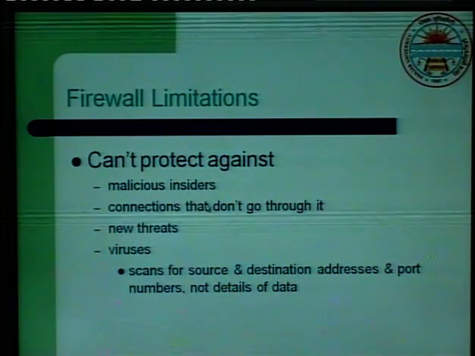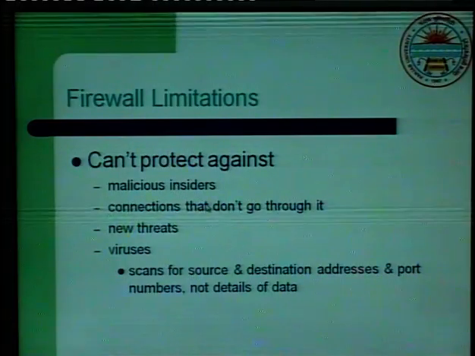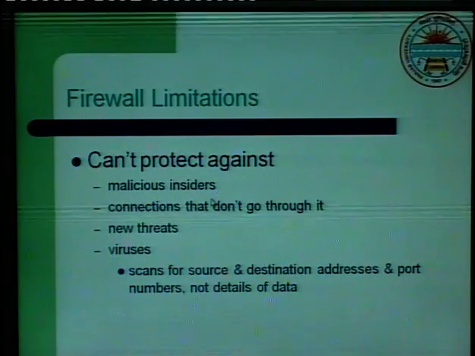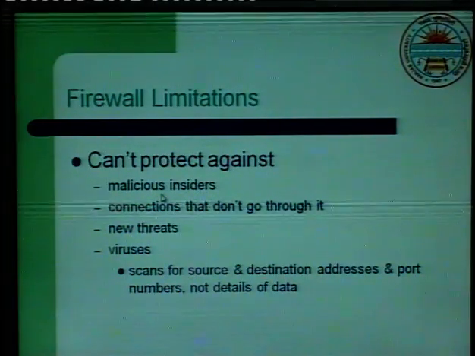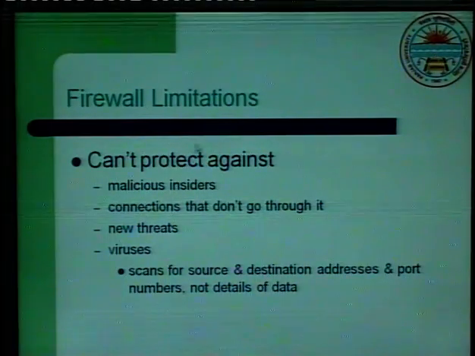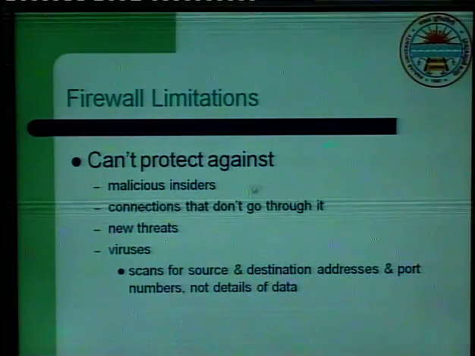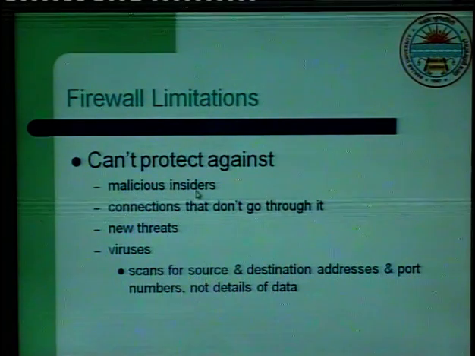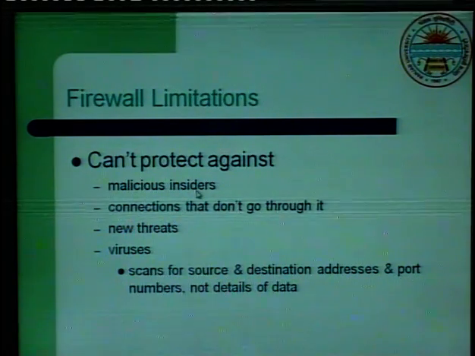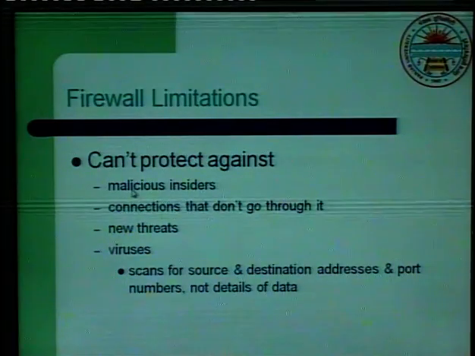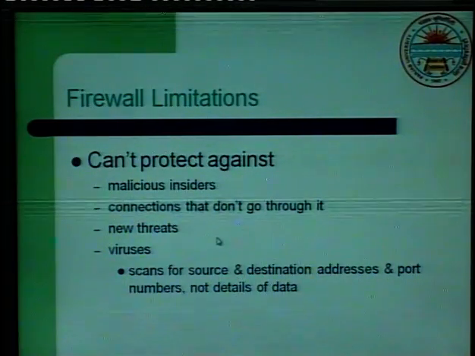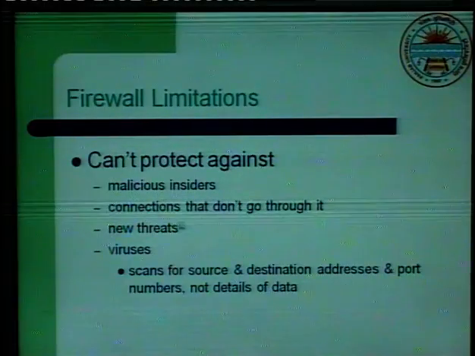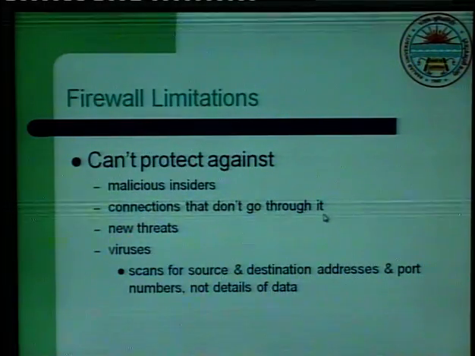If the intruder is within your system itself, breaching your confidentiality and integrity, the firewall has no check on that intruder. Rather, it protects your network from the external intruders. It cannot protect connections that do not go through it.